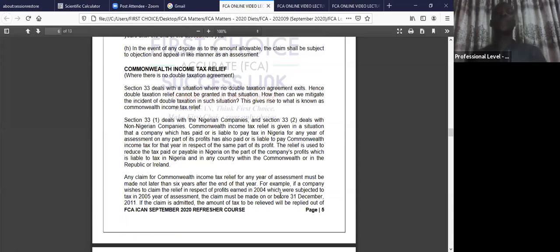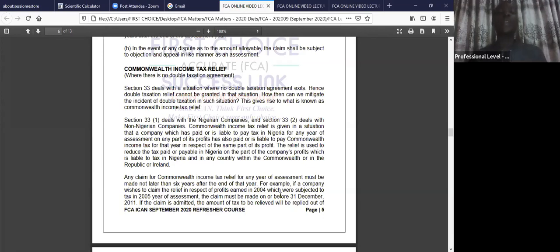Now we go to section 33 that deals with no double taxation. You can easily know that there is no double taxation because they may not tell you anything about a double taxation agreement, or you'll see language such as Commonwealth relief or Commonwealth income tax.